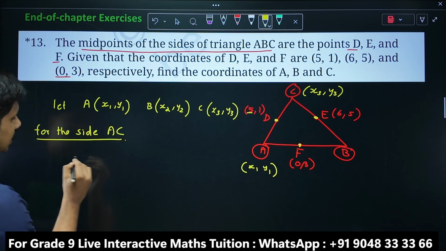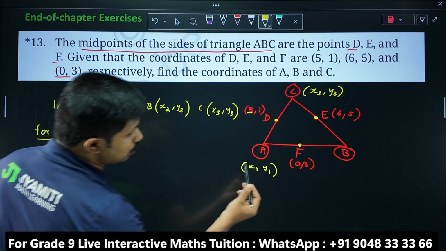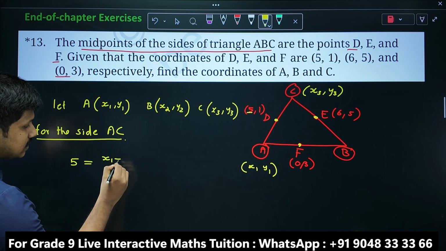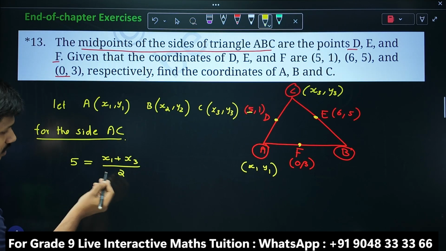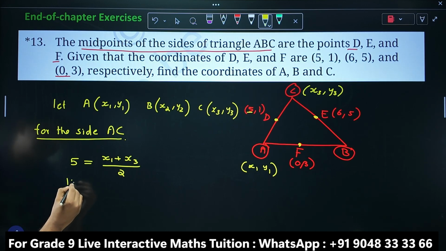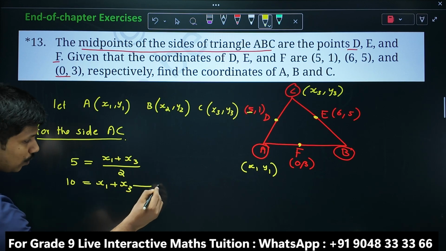So 5 will be equal to (x1 plus x3) by 2. From that equation, we bring the 2 to the left side and get 10 equal to x1 plus x3. This is equation number 1.